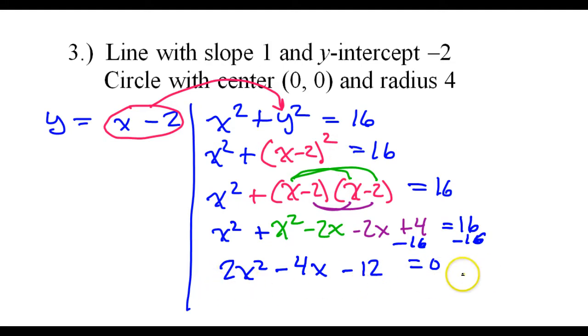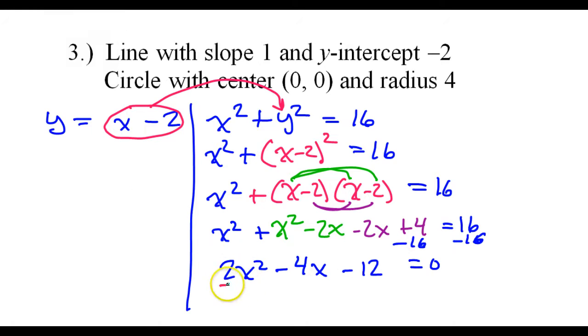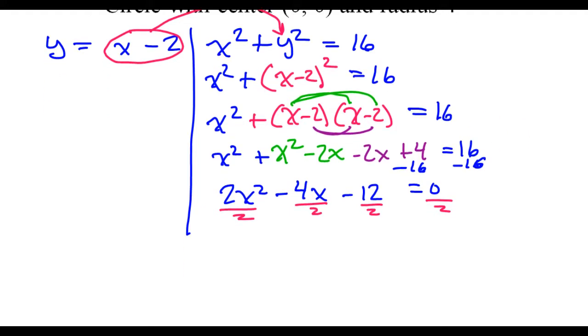Now I'm noticing that all of these are divisible by 2, so why not make your life easier by doing that? So that's going to give us x squared minus 2x minus 6 is equal to 0.